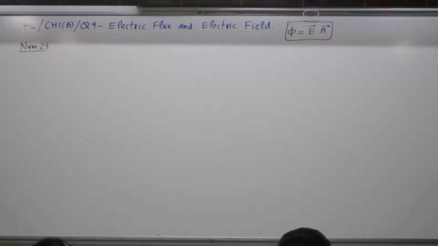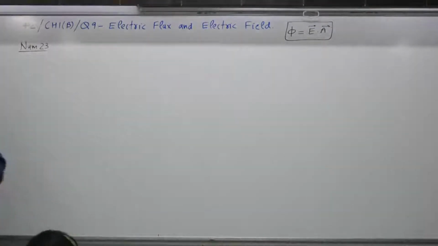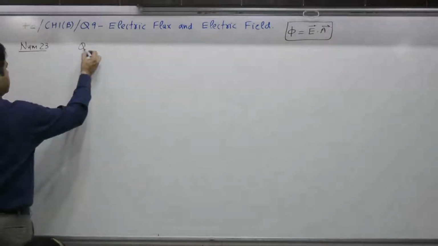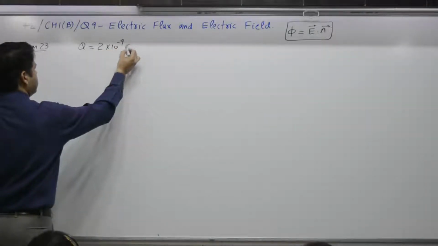Question is, a charge 2 into 10 power minus 9 coulomb is placed in the corner of a cube of side 1 meter. Find electric flux passing through this cube. How much is charge given? Charge is 2 into 10 raised to the power minus 9 coulomb.